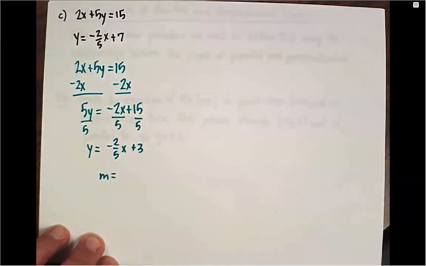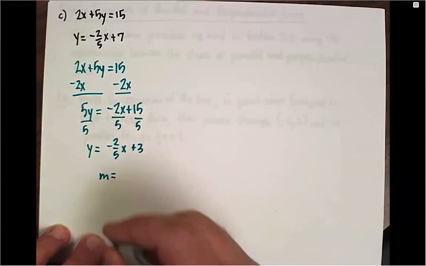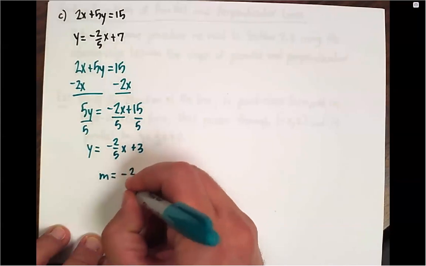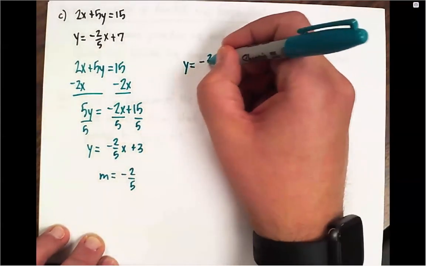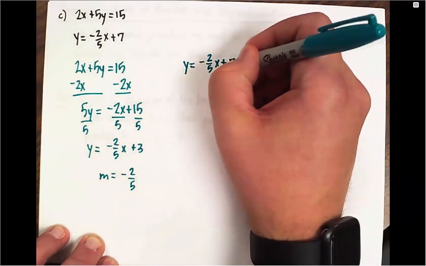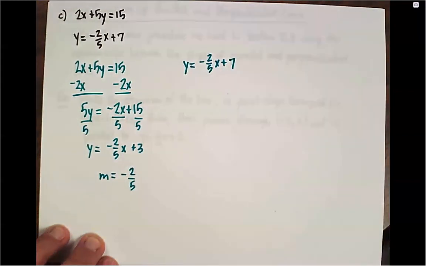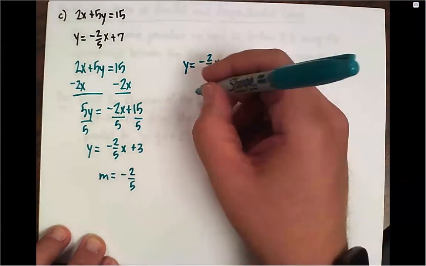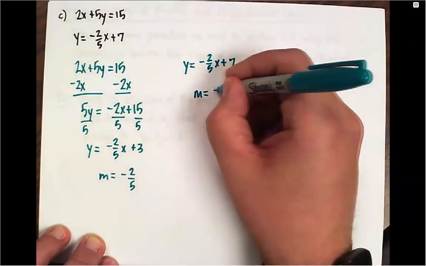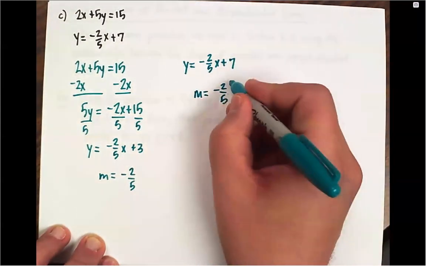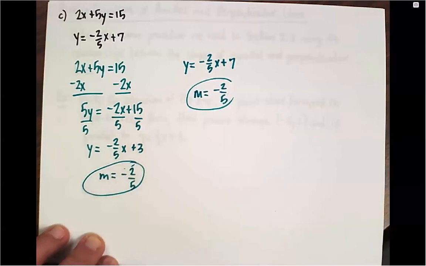So the slope of that line is what? Negative 2/5. My second equation is y equals negative 2/5 x plus 7, which is already in slope-intercept form. So what is the slope of that line? It is negative 2/5.